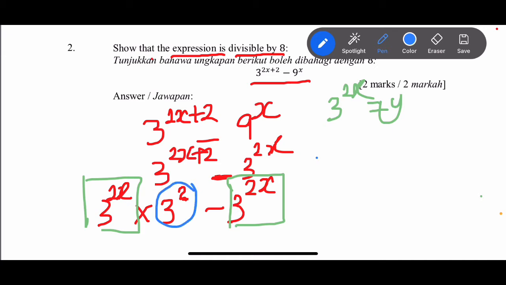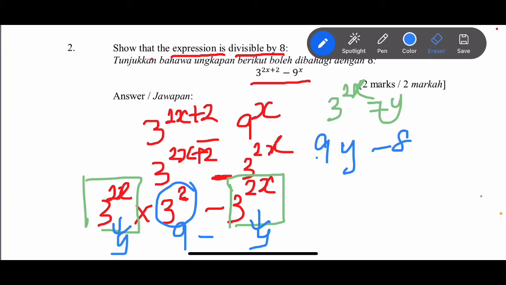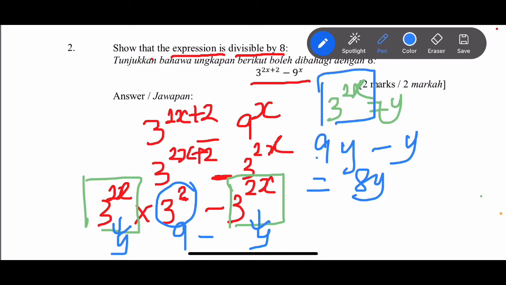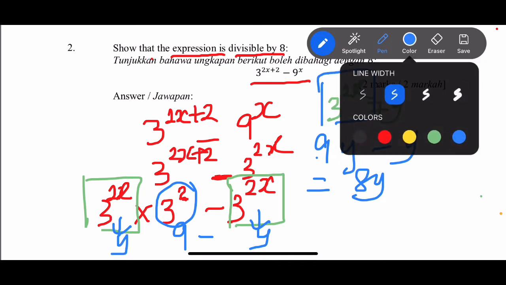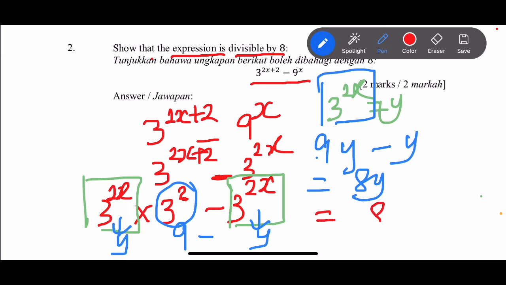So I'm going to write 9y, right, because 3 power 2x is y, so it's y times 9, and then minus y, so I'm getting 8y. Can you see there is a multiple of 8? There is an 8, right? 8 times y. So what is the y? The y is 3 power 2x, so you have to write it back. Okay, so that is how you factorize.